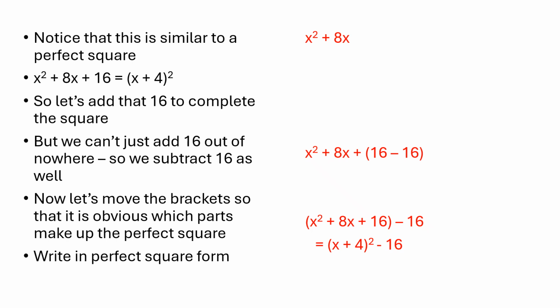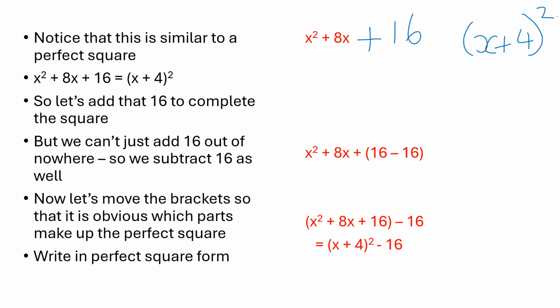So let's start off with x squared plus 8x. When we look at it, we notice that it is like part of a perfect square. To make it into a perfect square, we would have to add 16, and then it could be x plus 4 all squared.